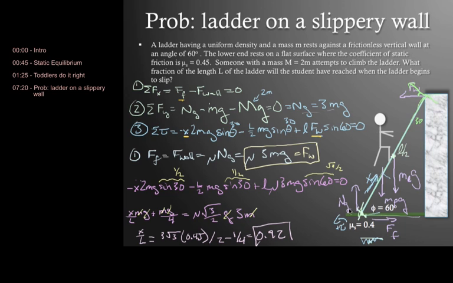This is how far up I was able to go up this ladder. So basically I can go all the way up to stand at 92% of the length of this ladder. If I go any farther than that, it's not going to have enough friction to keep me from slipping, and then I'm going to fall. But I will be safe as long as I stay on this side of this 0.92.